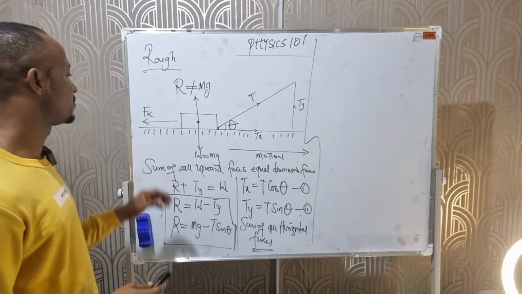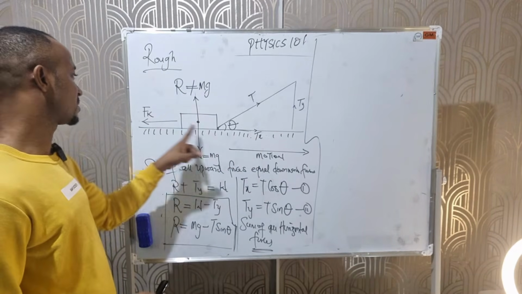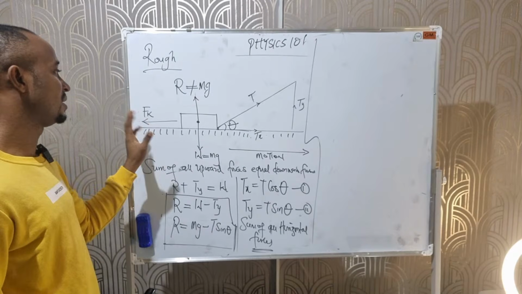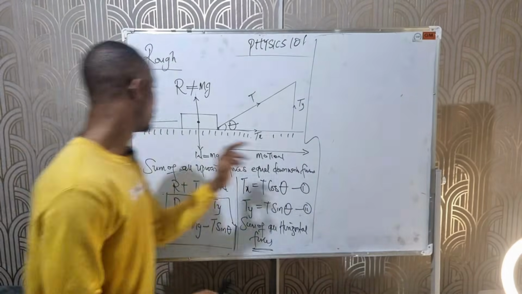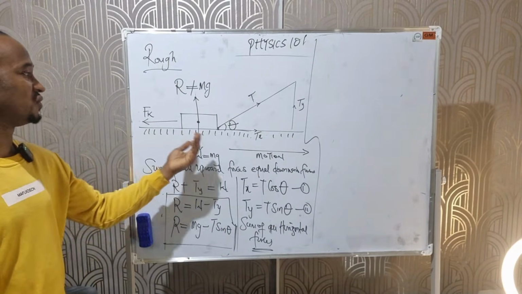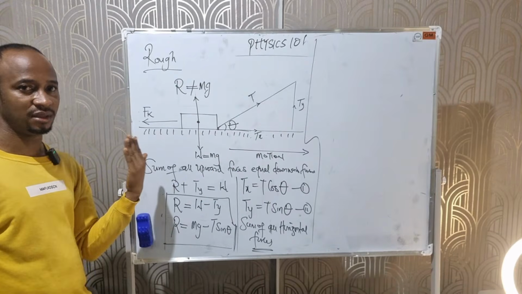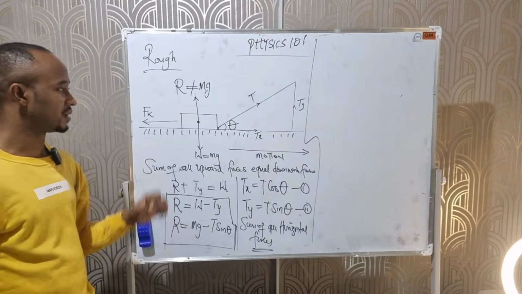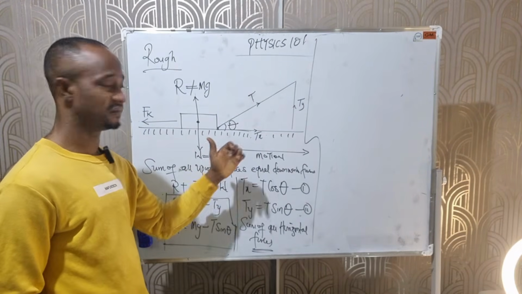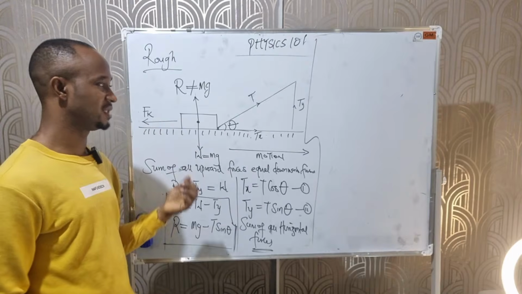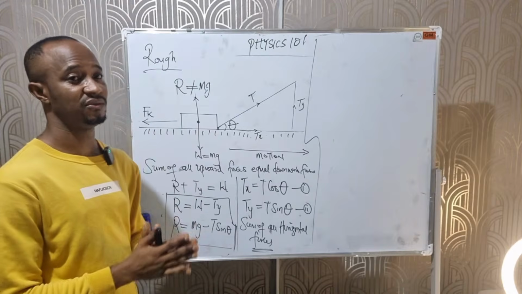So if I have 2 forces along the horizontal axis, which are Tx and Fk, Tx is moving in the direction of motion, while Fk is moving against the direction of motion. So that means that our Tx becomes positive, while Fk becomes negative, because Tx is doing a positive work, then Fk is doing a negative work.